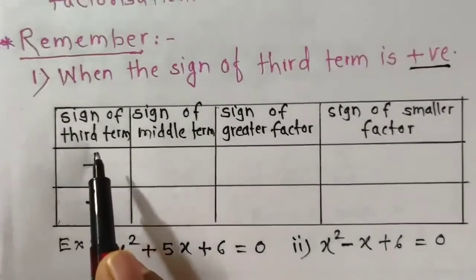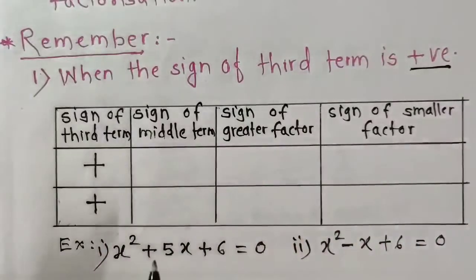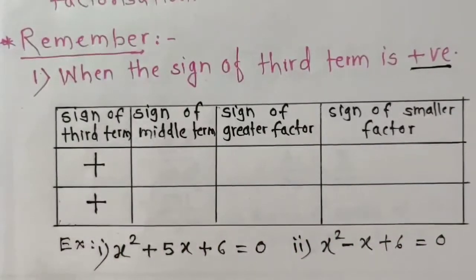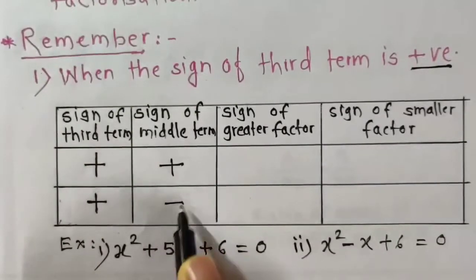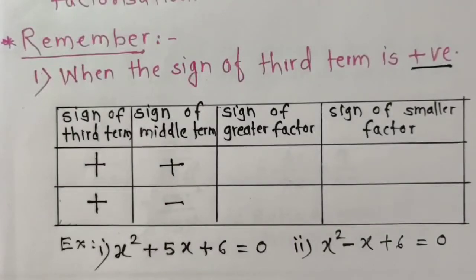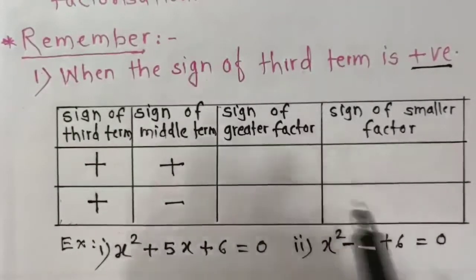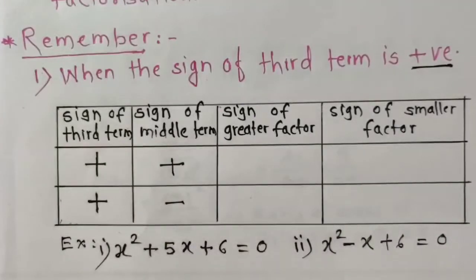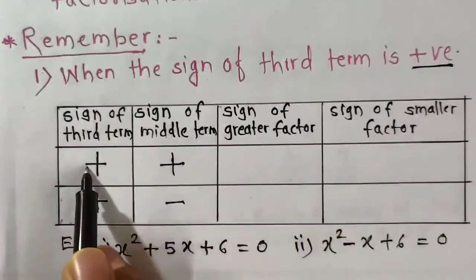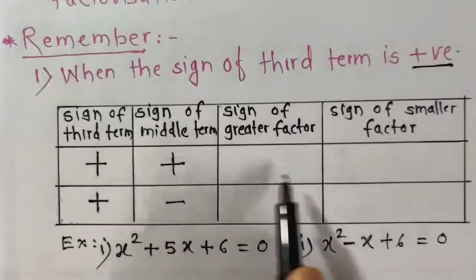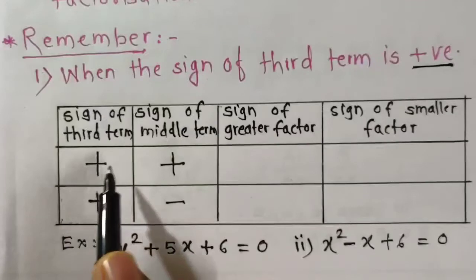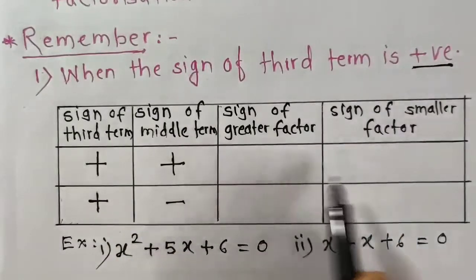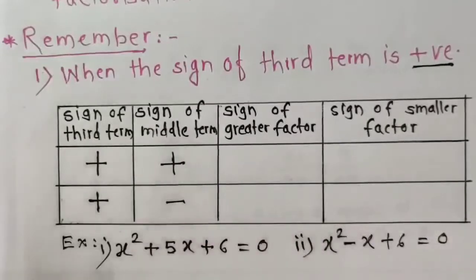In that table, the sign of the third term, that is the last term, is positive, so both the signs are positive. Then the sign of the middle term is sometimes positive and sometimes negative. Then how to find the factors and how to write the sign of those factors? Remember 2 things. Whenever the product, that is the third term, is positive, both the factors have the same sign.